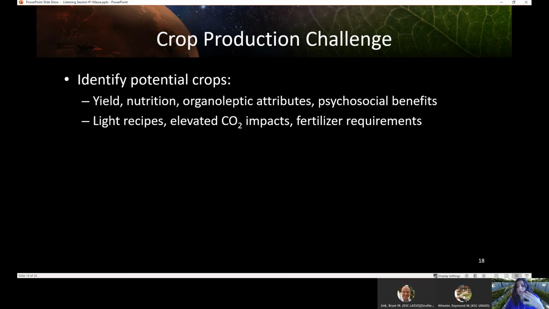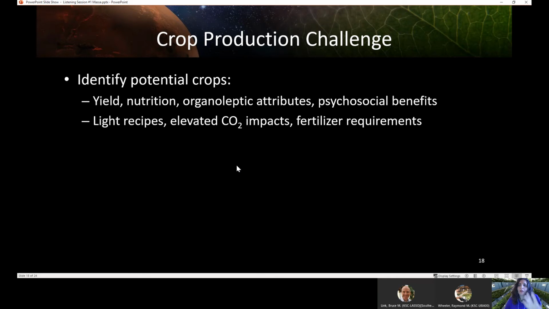Once we are good at quantifying those, how do the plants make people feel? All of those are really important, and it's hard to define what best is when you are looking at a number of characteristics that aren't always equally good. So figuring out what's the best approach and how to keep those crops healthy is really important.